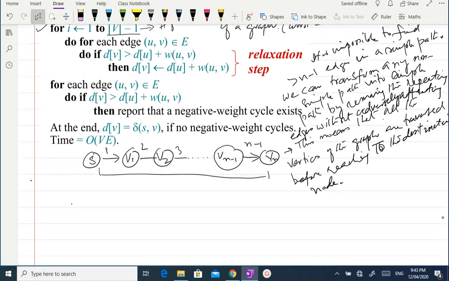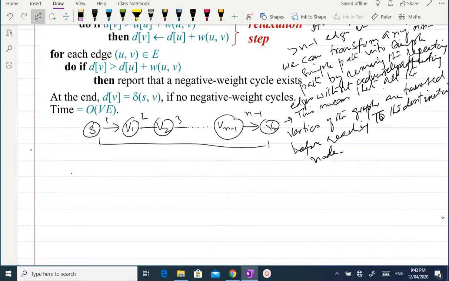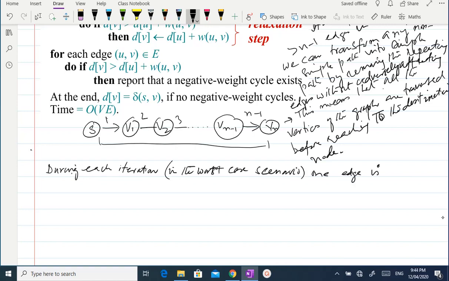Next, remember why this algorithm will work fine. What is the correctness proof? During each iteration, in the worst case scenario, one edge is allowed to be added to the shortest path.